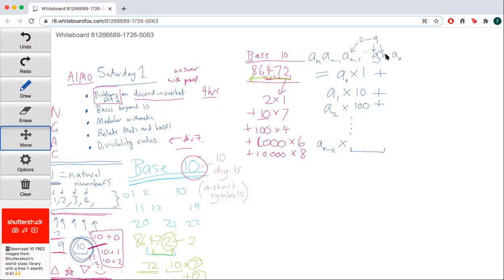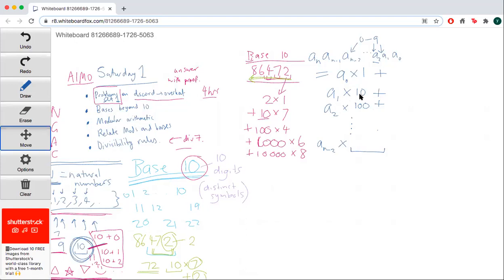Second last digit represented 10, which has 1 zero. Third last digit represented 100, which has 2 zeros. So you can see that the number of zeros matches up with the subscript, the little number that I'm putting next to the A.